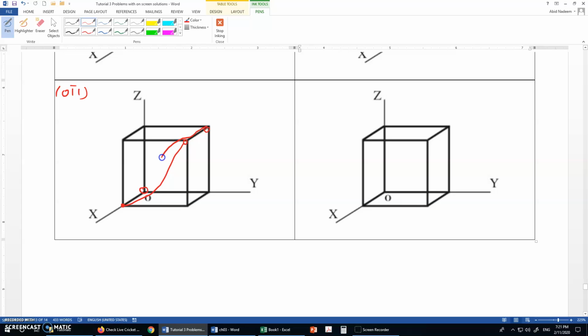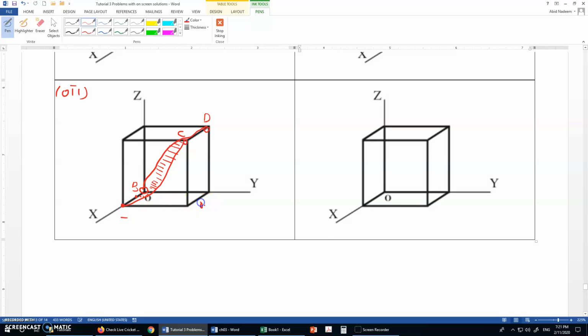I think it will not draw well over here, but anyway, it is a rectangular plane. So for example, joining these points A, B, C, D, it will be a rectangle anyway.